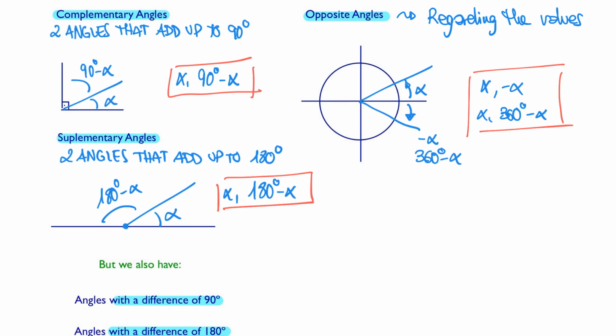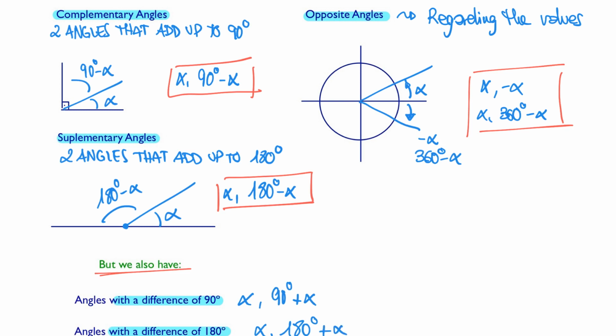But we also have angles with a difference of 90 degrees, which means that we are going to have alpha and 90 plus alpha, or angles with a difference of 180, alpha and 180 plus alpha.